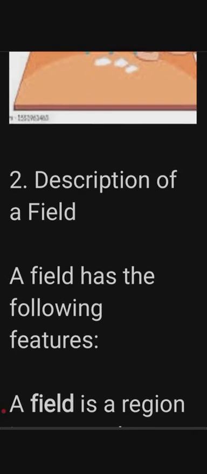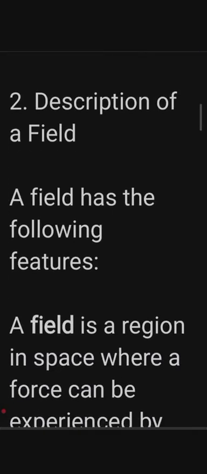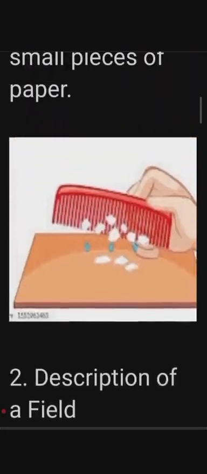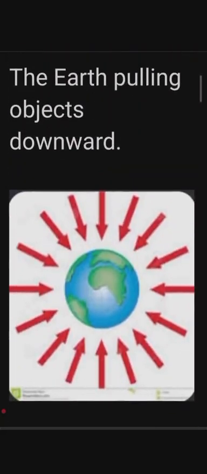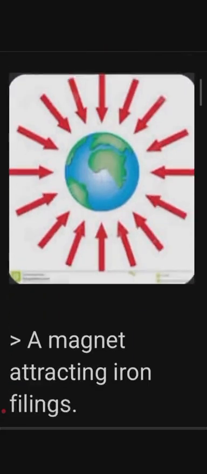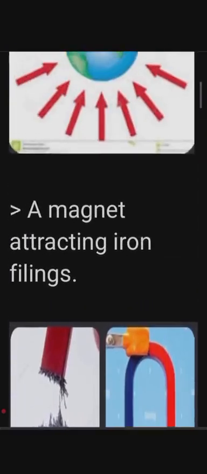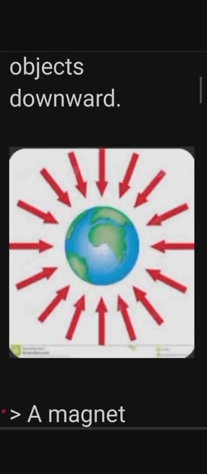Description of a field. A field has the following features. A field is a region in space where a force can be experienced by an object without physical contact. And so these three pictures show different fields or forces acting around these objects, even without making physical contact.